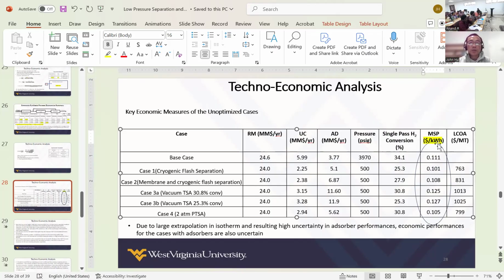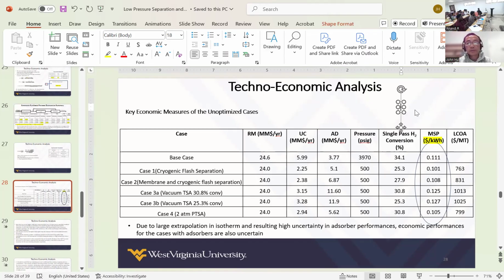MSP dollar per kilowatt hour. This kilowatt hour is not electricity. This kilowatt hour means it's a heating value. Okay, it's heating value.